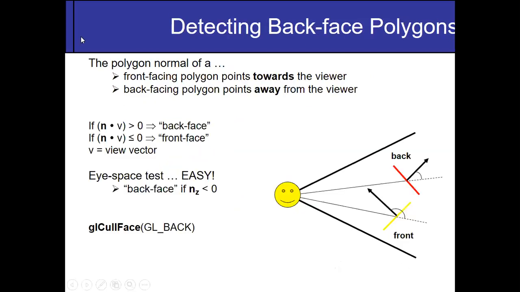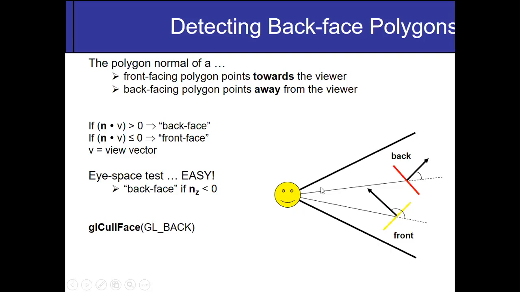Something like this: this is your view, this is the projection plane, and this is the normal, the perpendicular line. Now, if you multiply the normal with the view, and the answer is more than 0, that means that particular face is backwards.